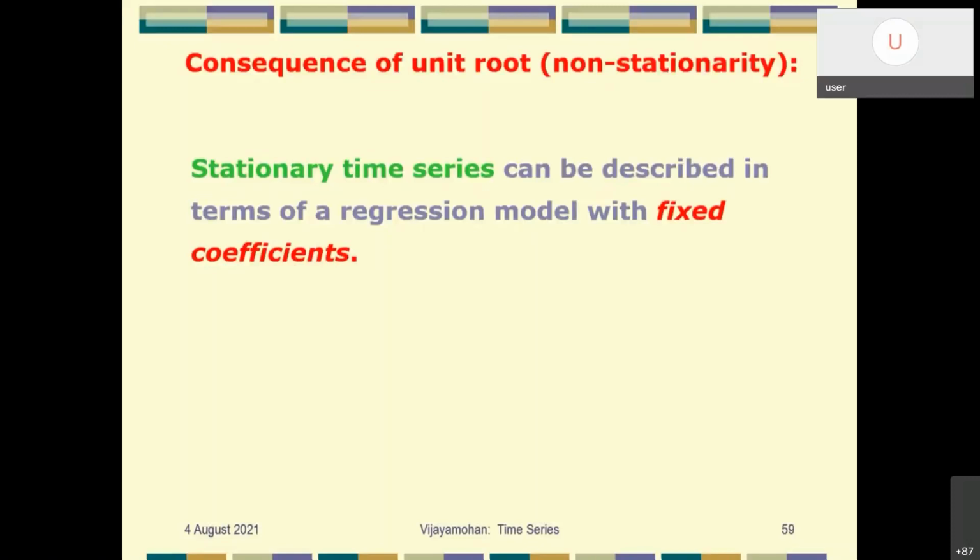Sir, that means we can detrend it by including a time variable. And you will show us in Gretl how to detrend it, no, sir? Oh yes, we will do that in the afternoon. The unit root test and cointegration, everything I will show you.